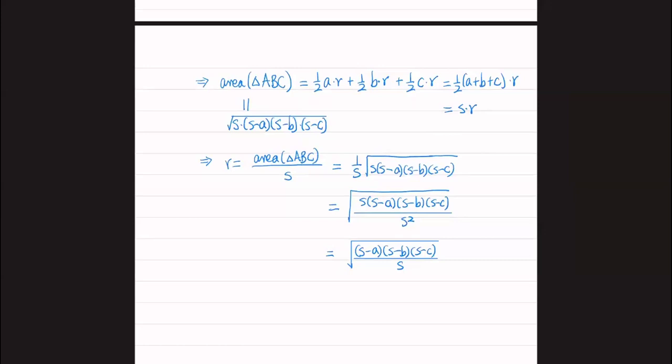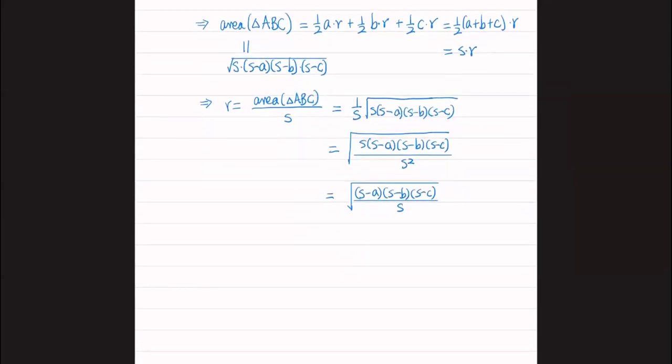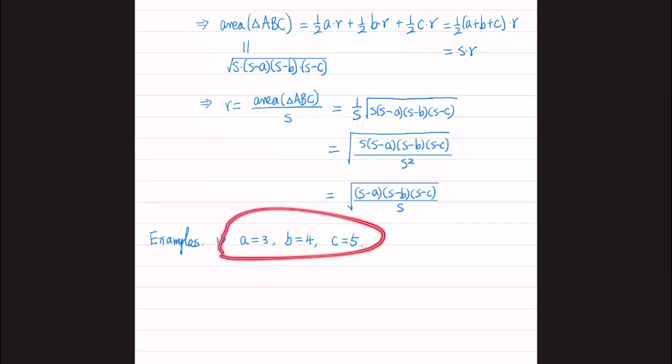Okay, let's try some examples. First one, consider a special case: a equals 3, b equals 4, c equals 5. Do these numbers sound familiar?